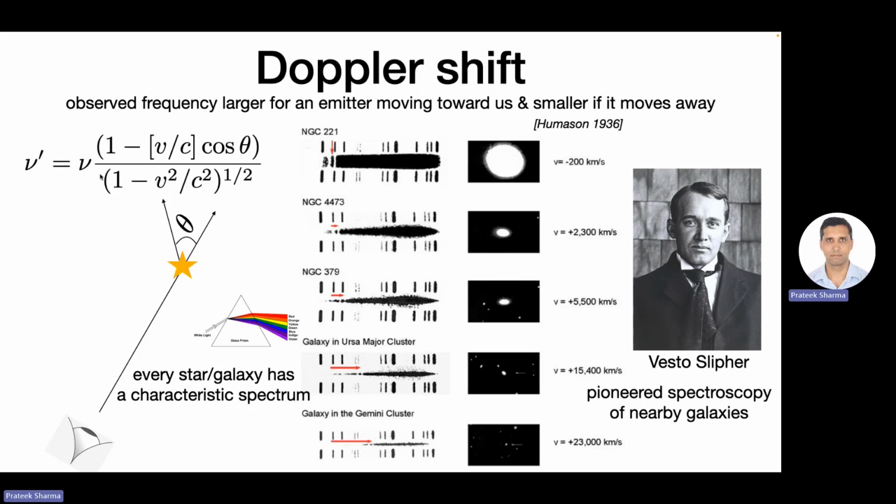You're just applying this formula trivially in the limit that v is much less than c. You can just make this 1, and basically delta nu by nu naught. Delta nu is the shift in frequency. Delta nu by nu is delta lambda by lambda, the relative change in frequency or wavelength, is just v by c.